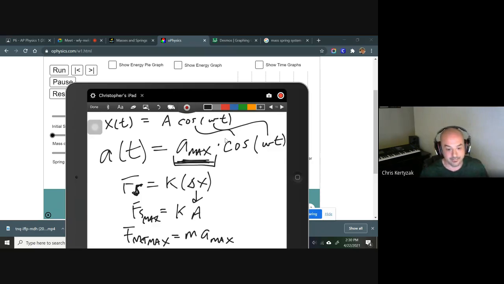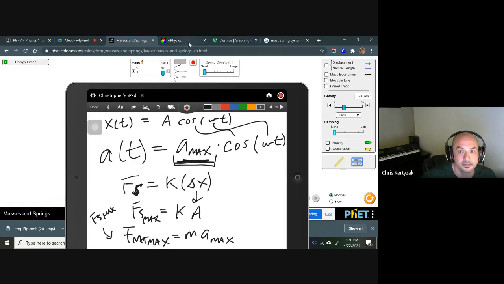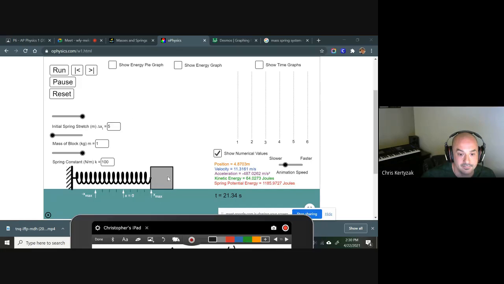So whenever the net force is maximum, when Fs is max, the spring force is maximum. When the spring force is maximum, the net force is maximum because that is the net force. The up and down forces from normal force and gravity cancel. So the spring force to the left is the net force, right?